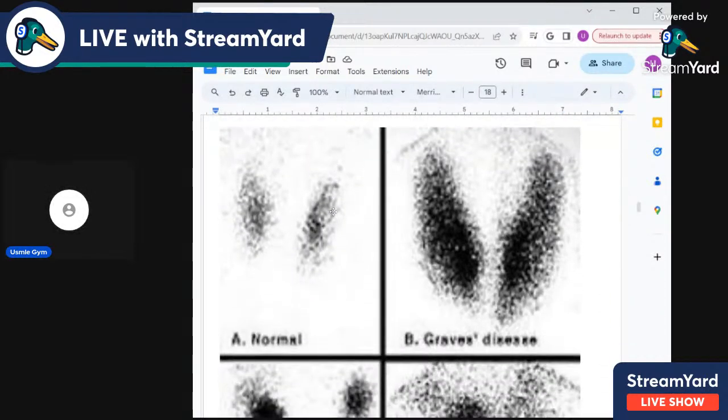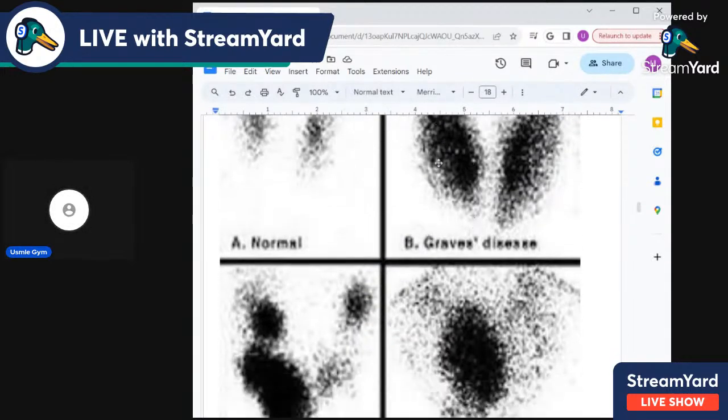We have this is the normal uptake. This is Graves' disease, homogeneously hyperactively taking the iodine, right? Radioactive iodine is taken in Graves' disease homogeneously by the gland, both sides together.